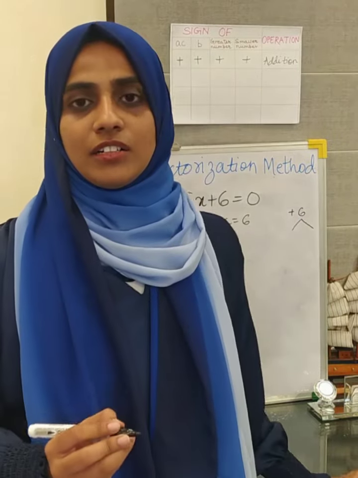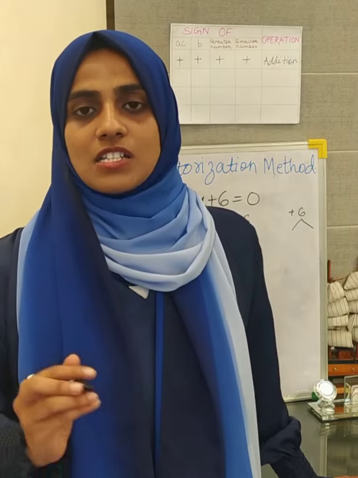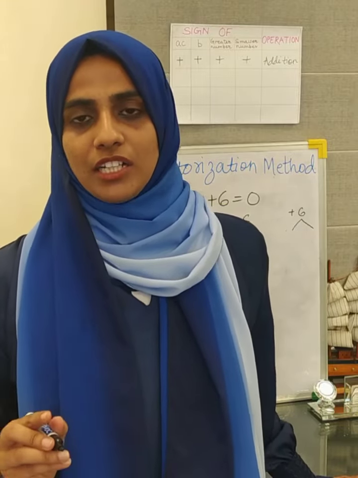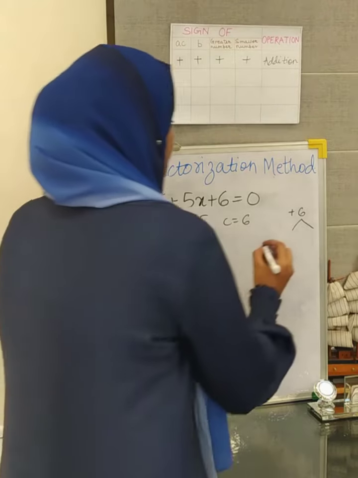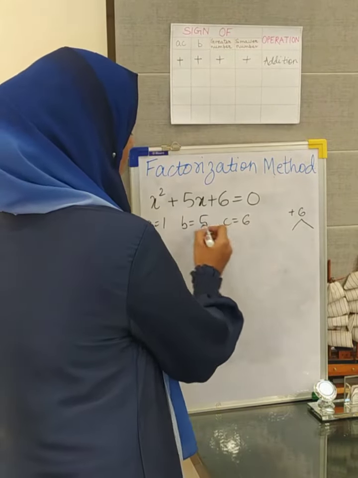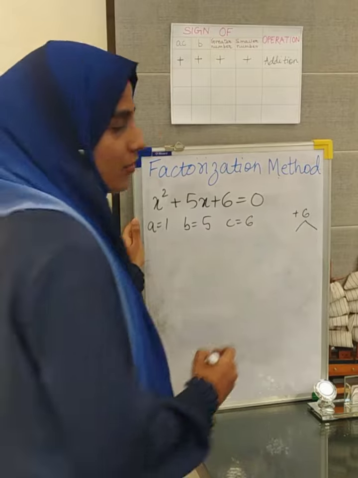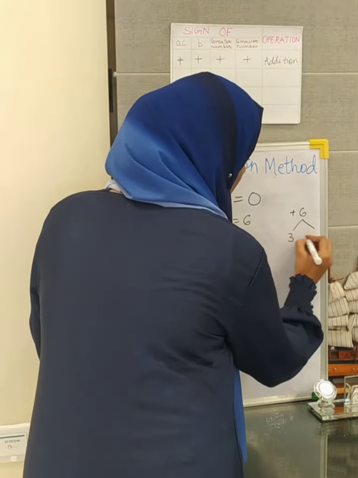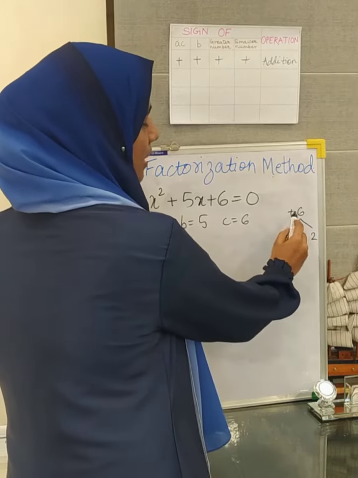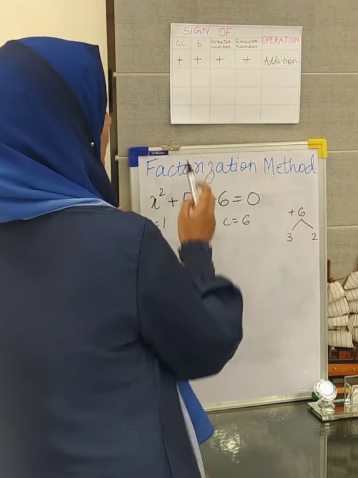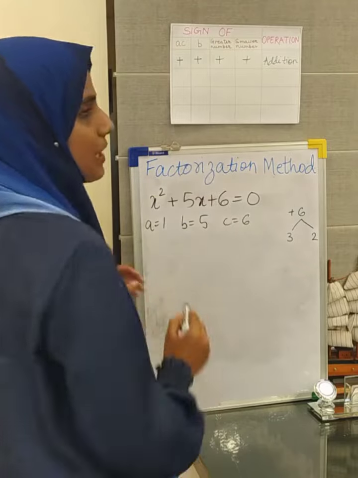We have to find the factors of 6 such that by adding or subtracting we get the middle term, that is b. So the middle term is 5. The factors of 6 are 3 and 2 and the sign of product is plus as well as the sign of b is plus.